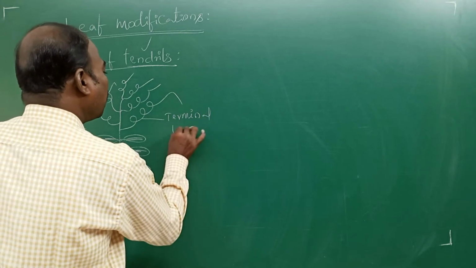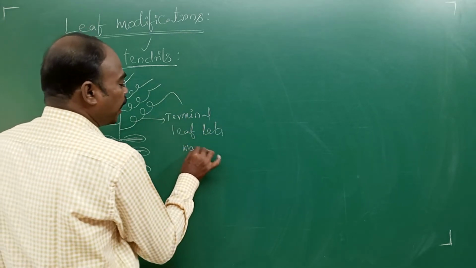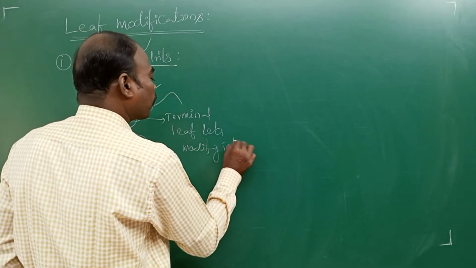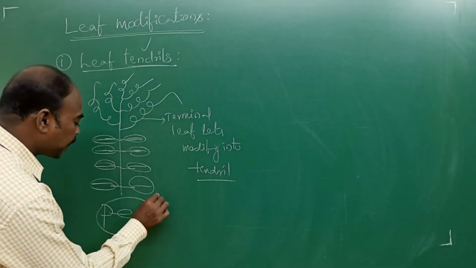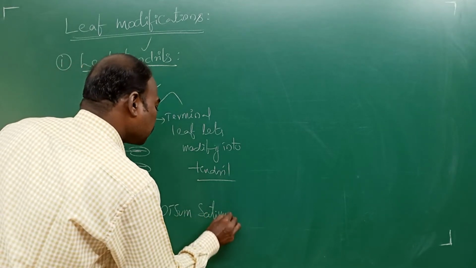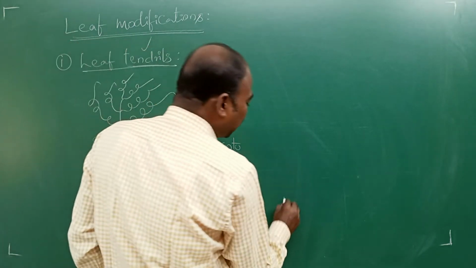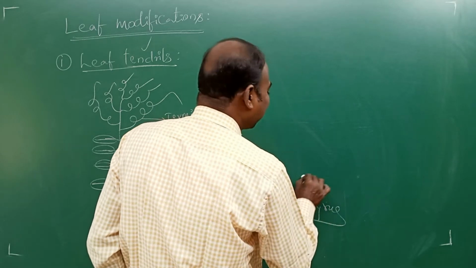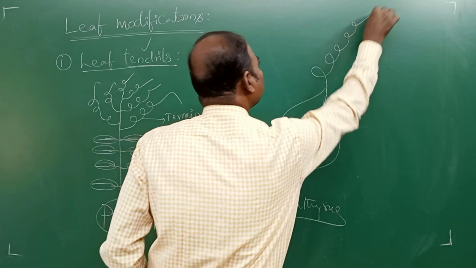Terminal leaflets modify into tendrils in Pisum sativum, the pea plant. Whereas in some plants like Lathyrus, the whole leaf gets modified into a tendril.